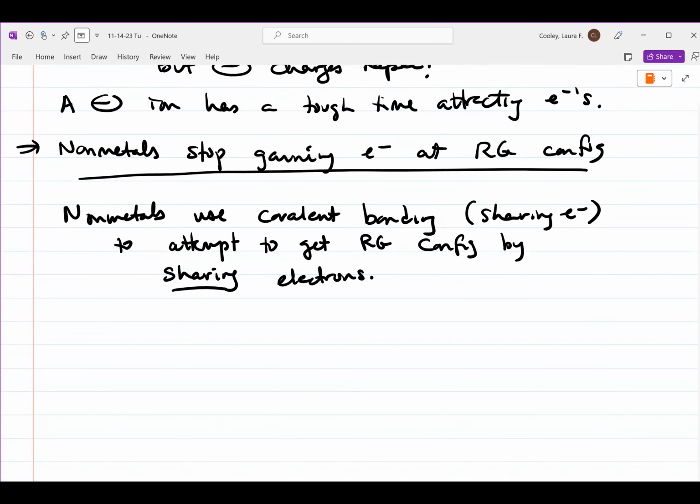Before we start to talk about covalent bonding, which is what we're going to talk about next in chapter 7, I need to tell you about this property called electronegativity. How many of you have heard of that, from high school or somewhere else?